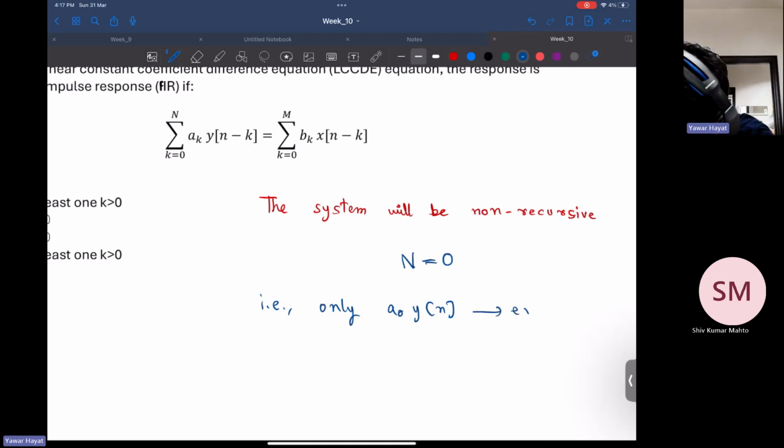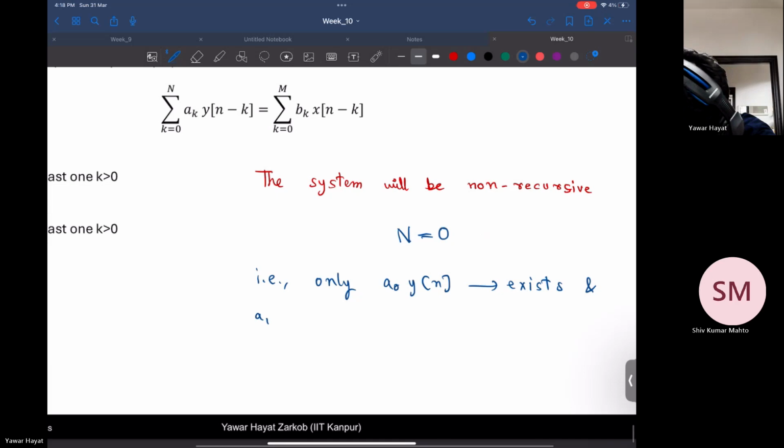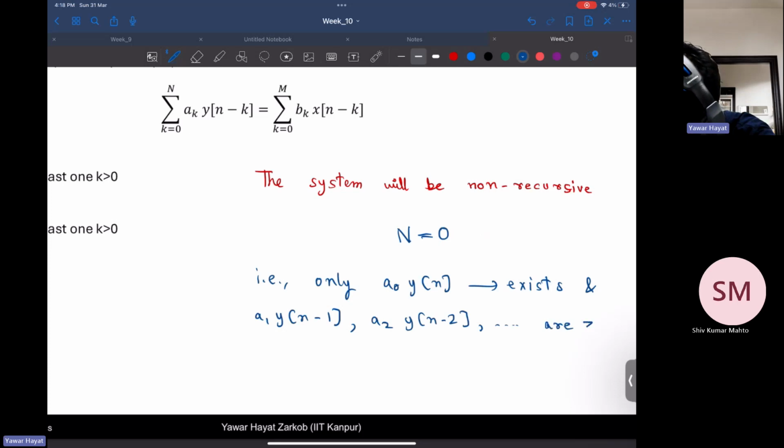Only this exists. And a1 y[n minus 1], a2 y[n minus 2], and so on, are 0.